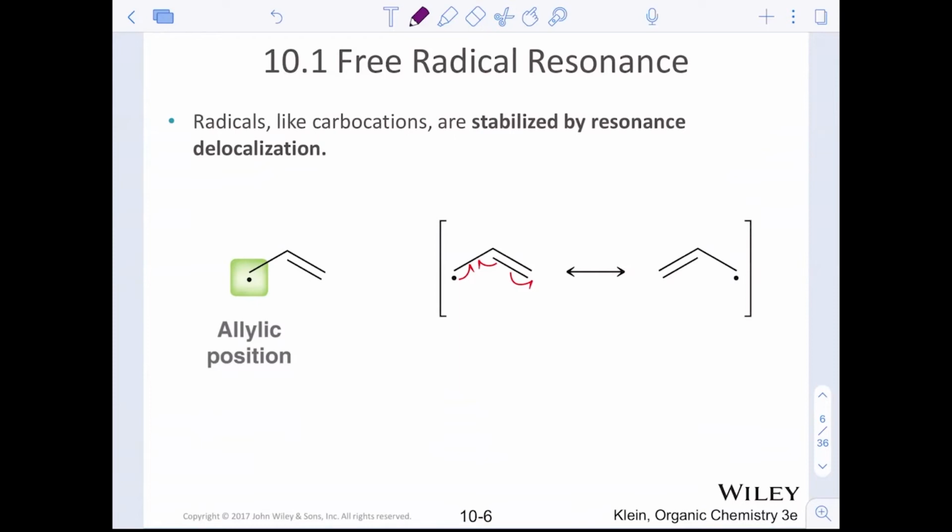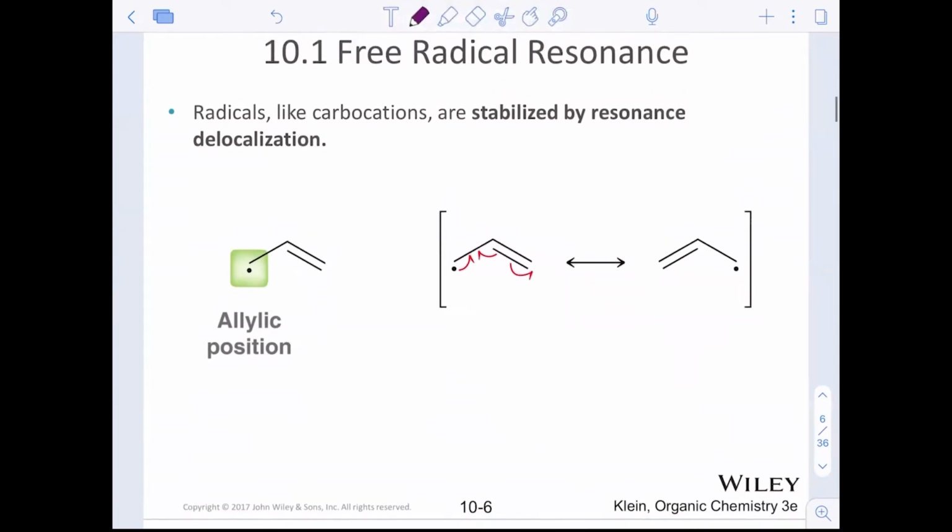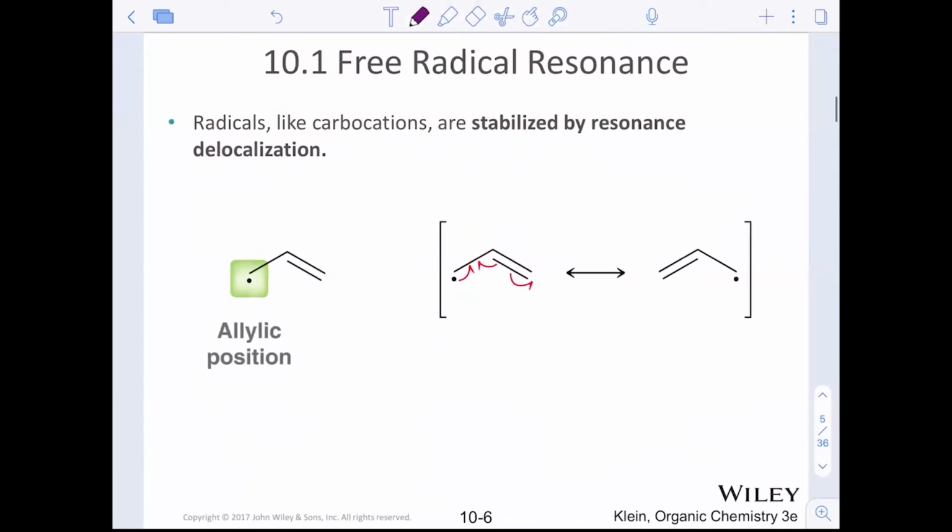And so when we see that resonance, we have to be able to talk about the delocalization of that single electron, that lack of an octet. Even though we are not delocalizing a formal charge, we are able to delocalize the actual lack of an octet across that radical molecule. Notice here the single barbed arrows.